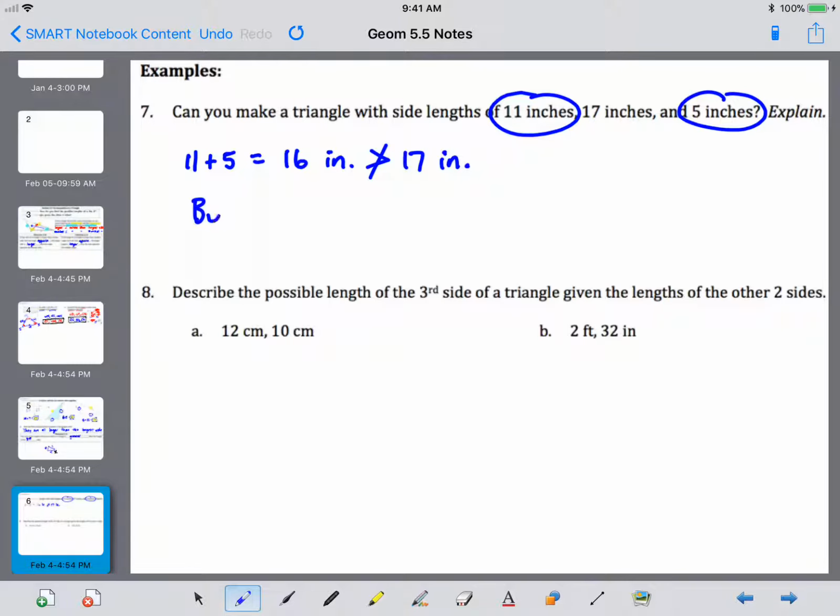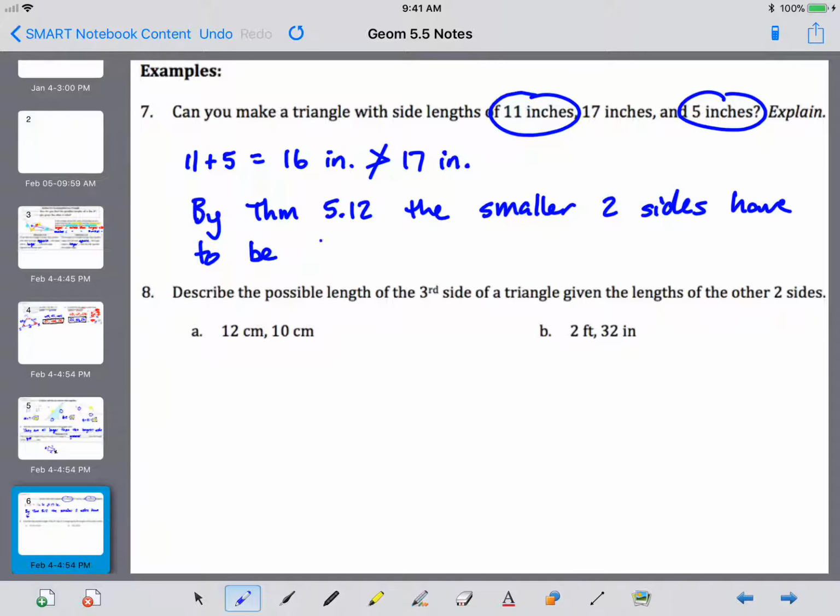So by that last theorem, theorem 5.12, the smaller two sides have to be greater than the third side. And in this case, it's not, so no, it's not possible.